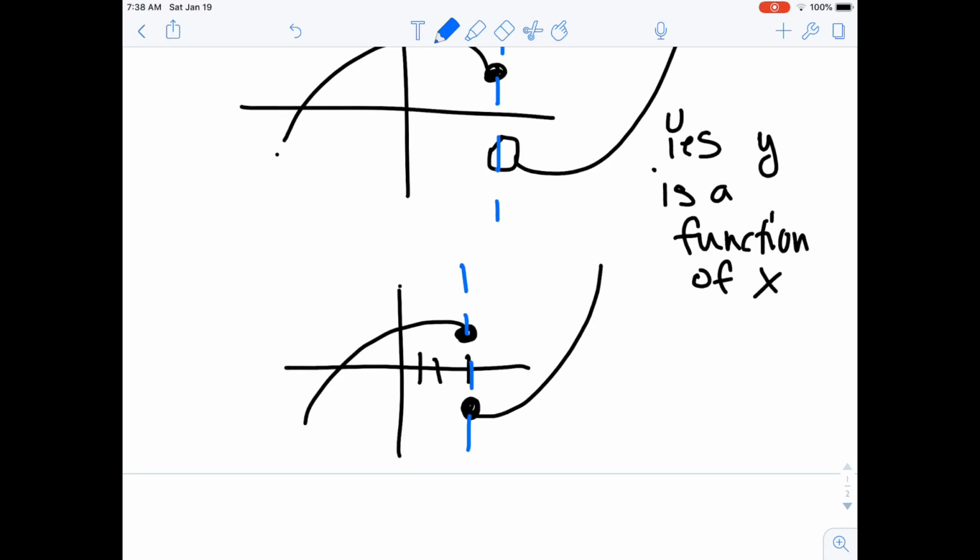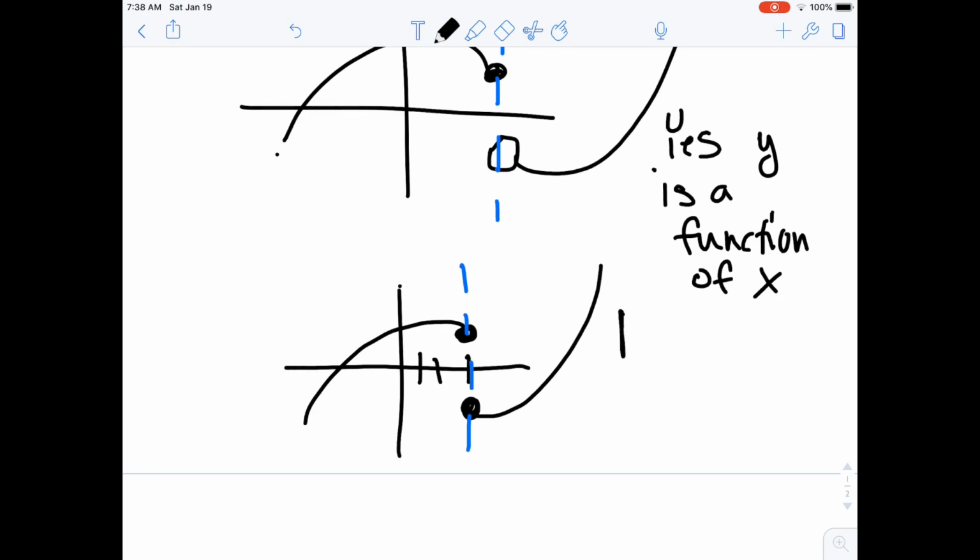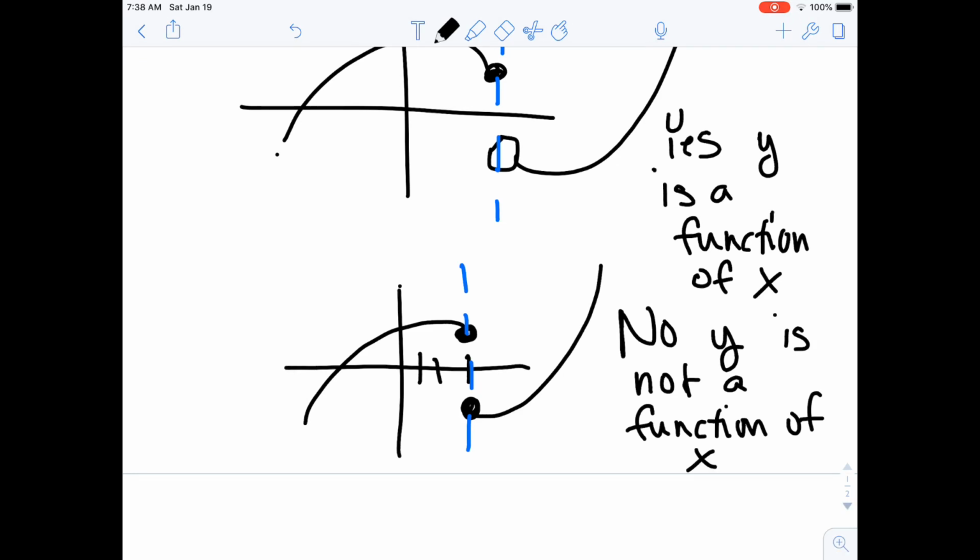So this blue line crosses this graph twice, right? So you would say this would be a no. This fails. This picture right here fails the vertical line test. Thus, you'd say no, y is not a function of x.